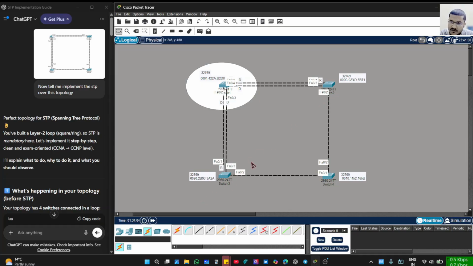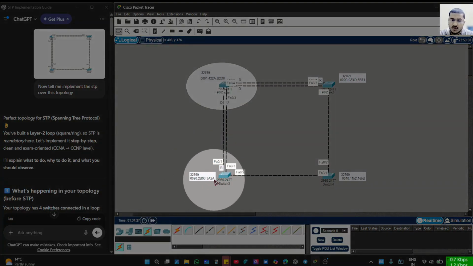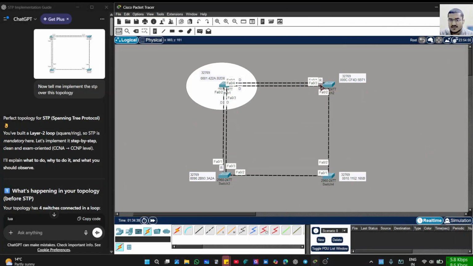But it's in between these switches. So in this scenario we have to make a comparison of these devices' bridge IDs. Okay, so this is the bigger one, right? So I have to go with the lowest one, which is here. So for this interface, I will make it the root port. I will configure this as a root port.